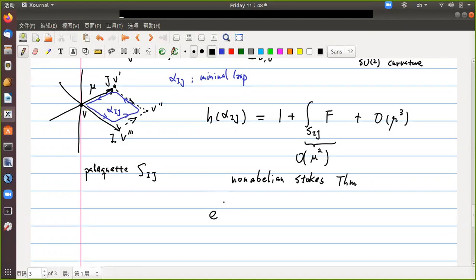The U1 loop holonomy is just this: your electromagnetic vector potential integrated along a closed loop, and exponentiated. This is just a U1 loop holonomy.